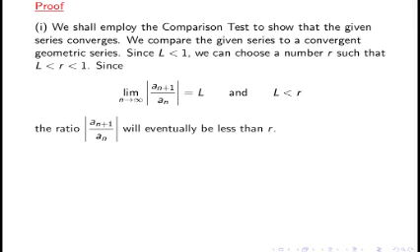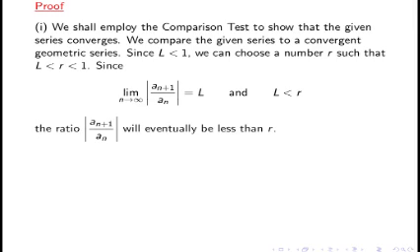That definition of the limit means that this expression, the absolute value of a_(n+1) divided by a_n, gets closer and closer to L as n grows larger. Which means, since r is strictly greater than L, at some point that expression must be less than r.